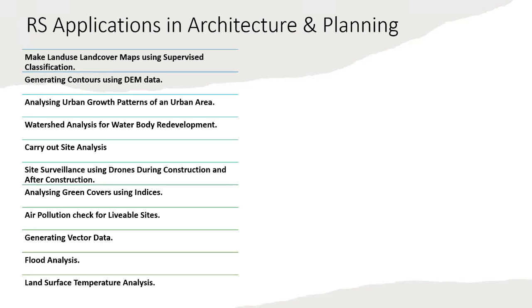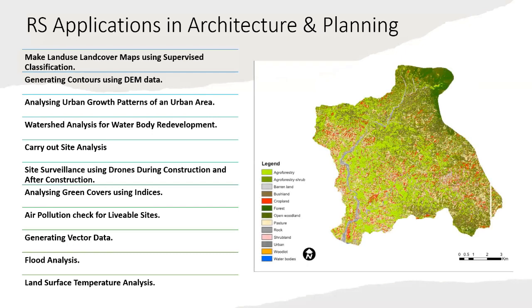So, land use land cover maps, in architecture and planning we are using them directly, but how do we get those maps? We can generate those maps using remote sensing satellite imagery. The imagery is processed in remote sensing and GIS software.